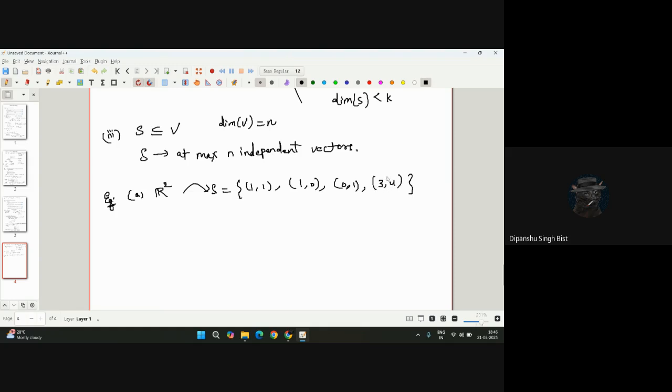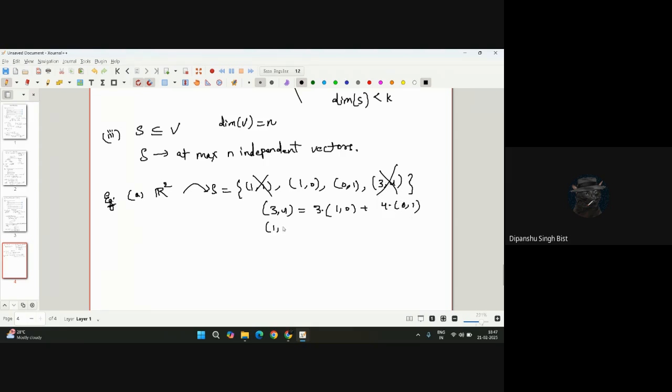Even if I remove (3, 4), this set is still a dependent set. (3, 4) was dependent. Why? Because I can write it as 3 times (1, 0) plus 4 times (0, 1). So it was a dependent set, I removed it.